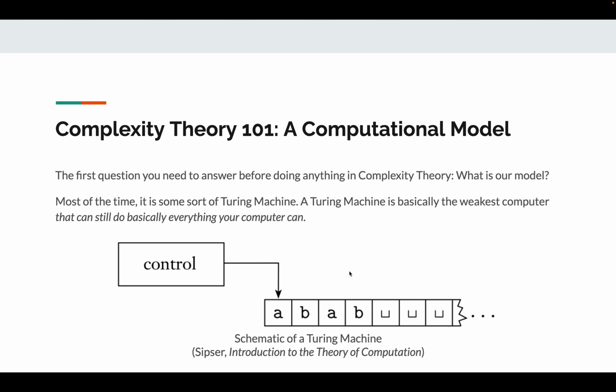So now we'll go through a complexity theory 101 in a few minutes. The first thing you need to do complexity theory is a model, a computational model. Most of the time this is some sort of Turing machine. So a Turing machine is in essence like the weakest possible computer that can still do everything that you would want, right? It's specified as an infinite tape. This is a mathematical object after all, so this can be infinite.